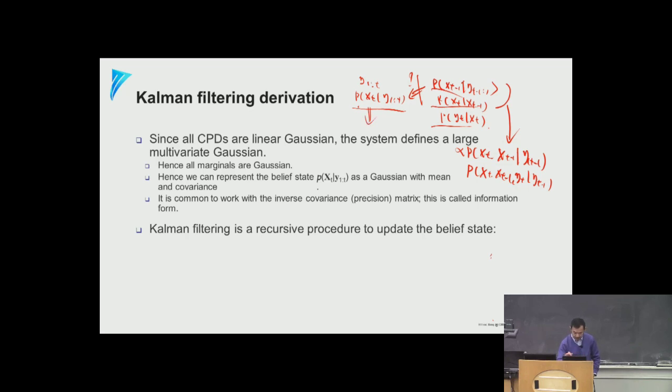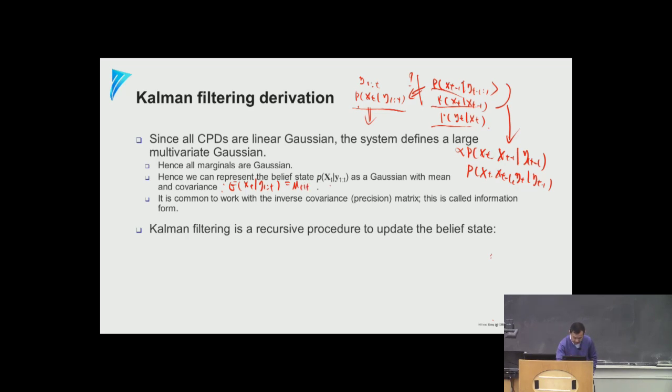Let's define, for example, the mean E of x_t given y_1 to t, and let's give it a name of mu_{t|t}.